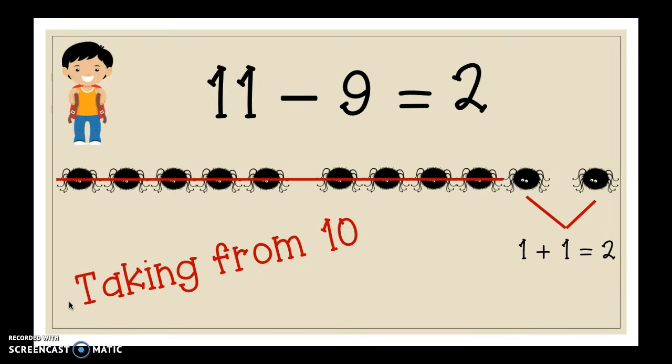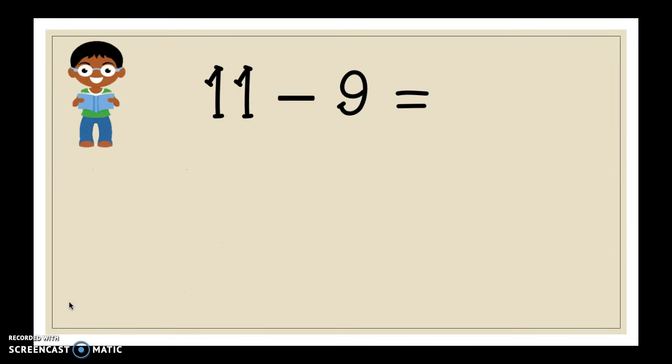Let's see what Sid did. Sid did something totally different that we really haven't talked a lot about. Sid started with 9, and then since the difference is how many parts they're not the same, Sid counted up to 11.